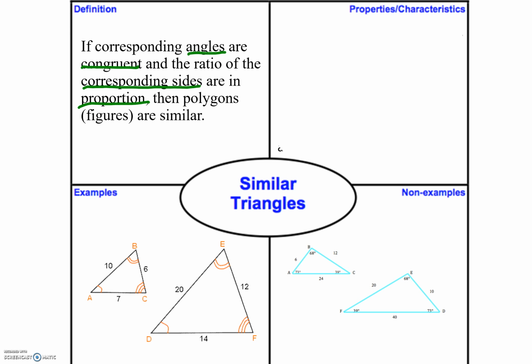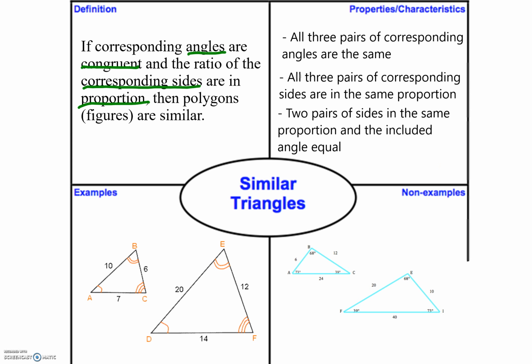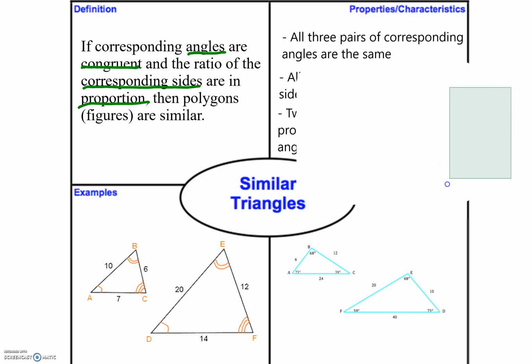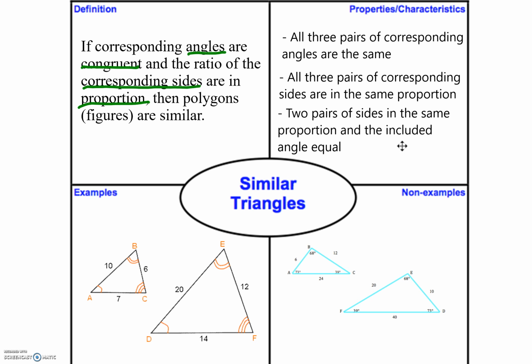Some properties and characteristics are that all three pairs of corresponding angles are the same, all three pairs of corresponding sides are in the same proportion, and two pairs of sides in the same proportion, and that angle that is included is equal. Also, another one is that the cross products, when you set up that proportion, are equal.